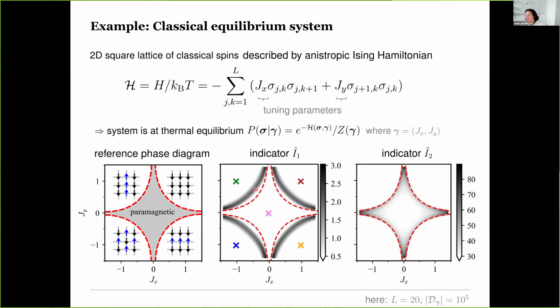And I need to know their rough location, meaning from this grid of sampled points, for some of them I need to know which phase they belong to. And you're right that technically you need to have a point in each of the phases.